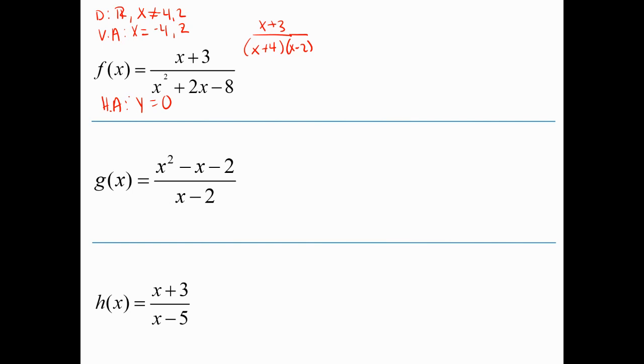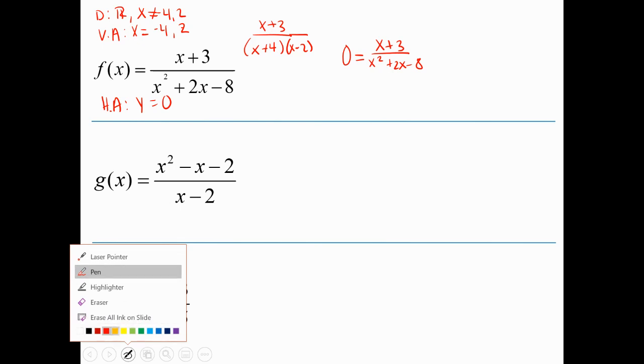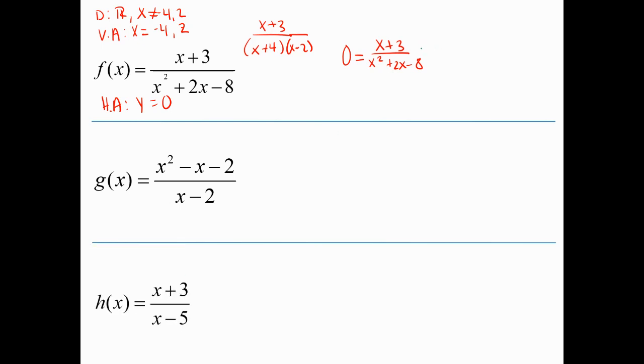We can't just jump to the conclusion that 0 is removed from the range. What we're going to do is say 0 equals x plus 3 over x squared plus 2x minus 8, and we're going to solve this for x. I'm going to multiply both sides by x squared plus 2x minus 8.